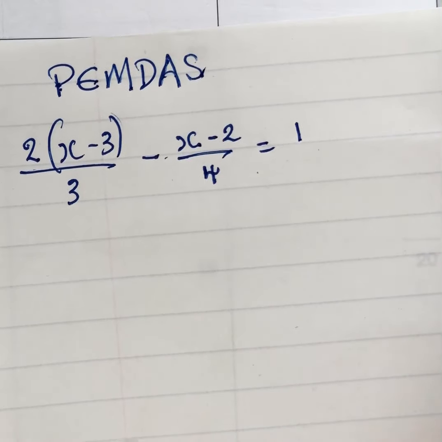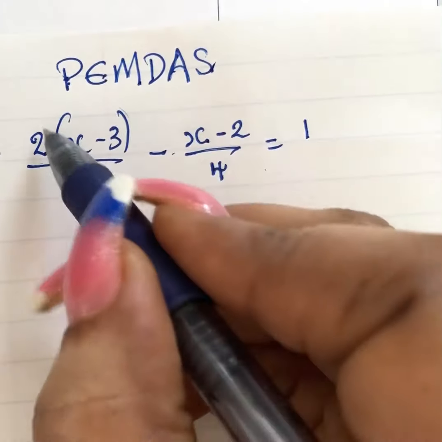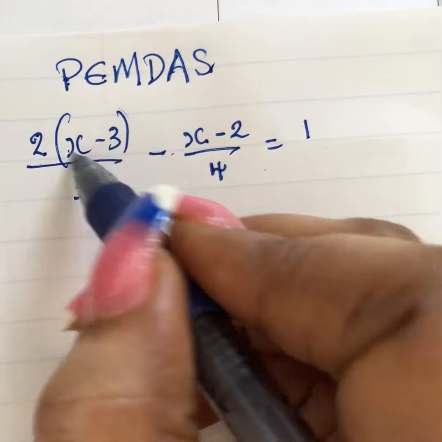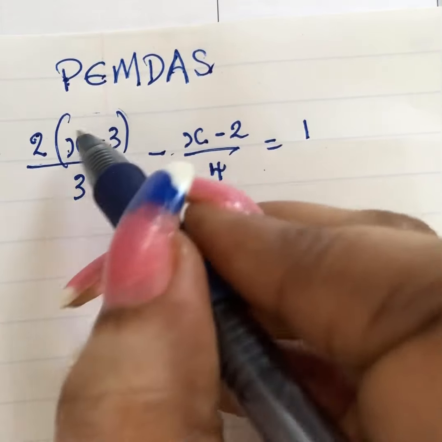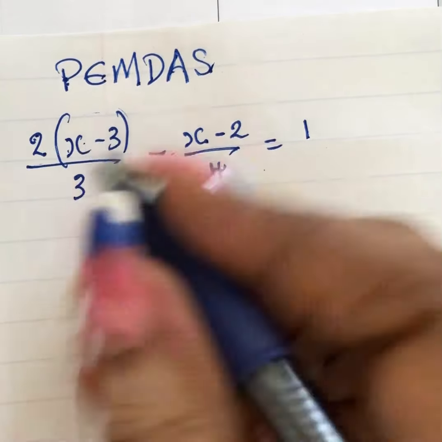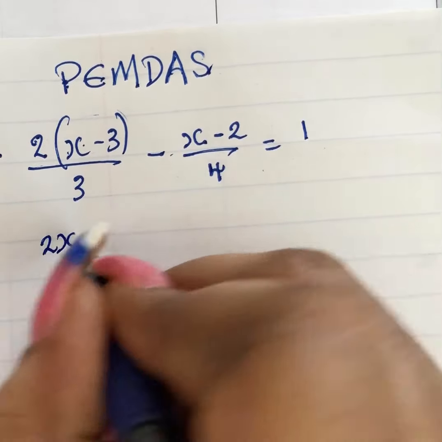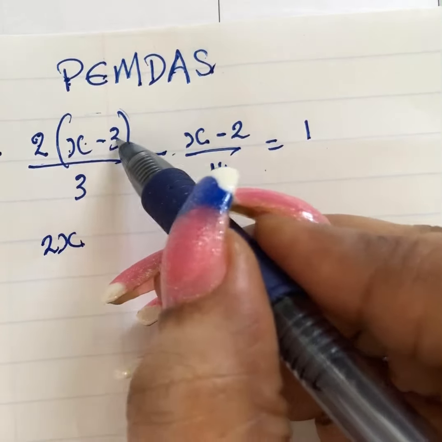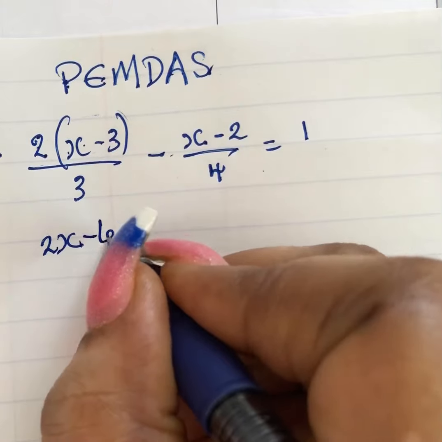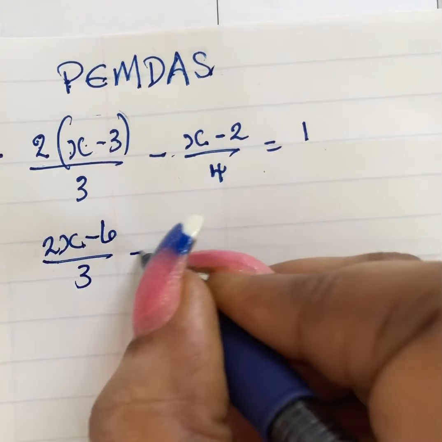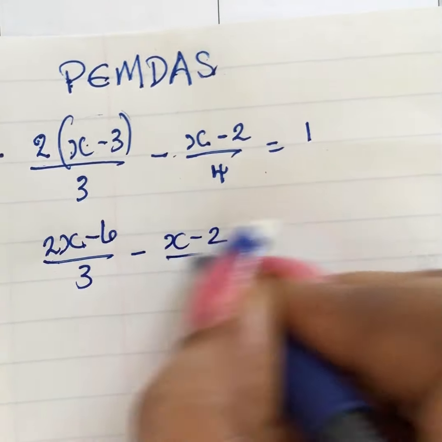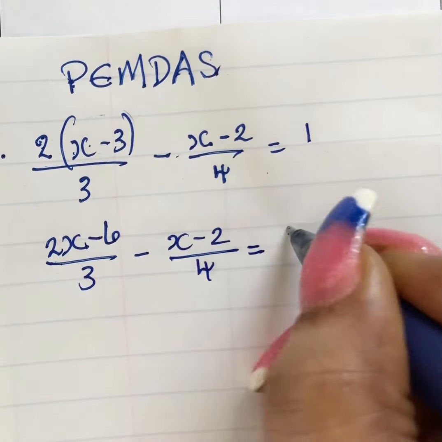So my first part will be to remove the parentheses. 2 is going to govern everything in this parentheses. 2 multiplied by x, 2x. 2 multiplied by negative 3, negative 6. I'm going to rewrite the other parts of the equation.